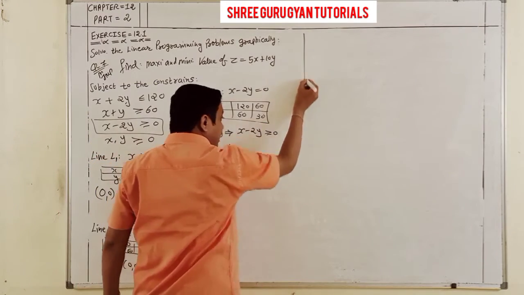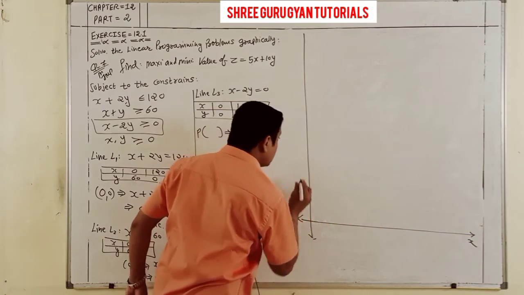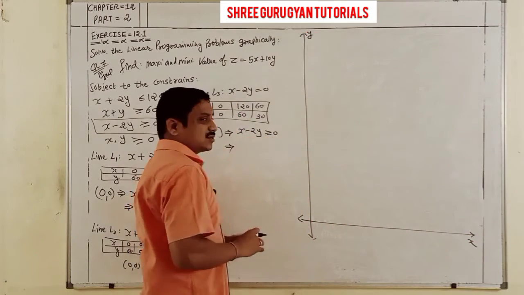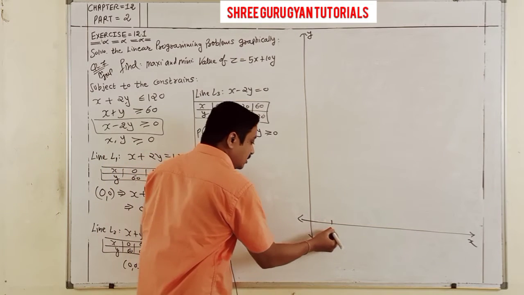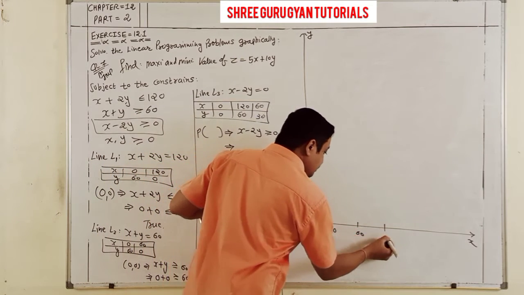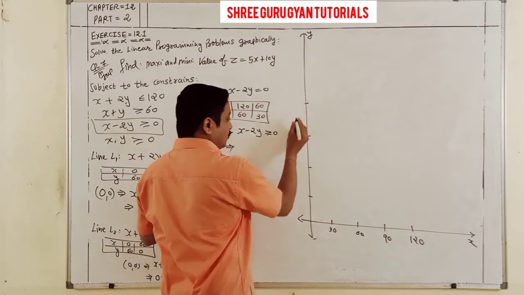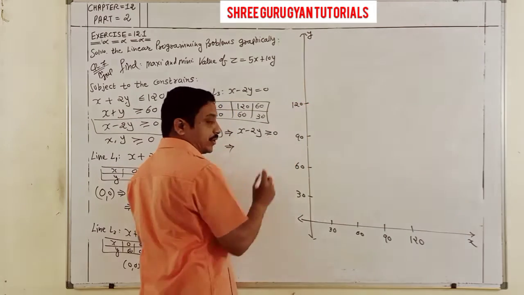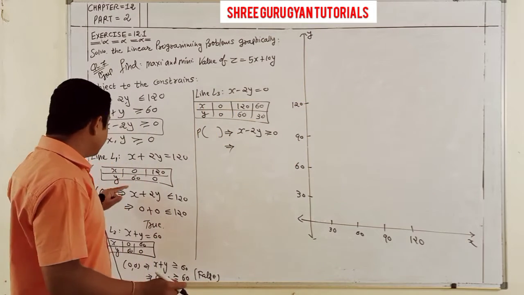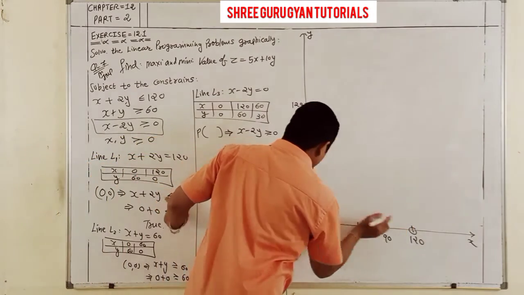Now I go to the graph. X-axis, y-axis, and just take 30, 60, 90, 120 on each axis. And decide first these lines: 0 to 60, second 120 to 0.